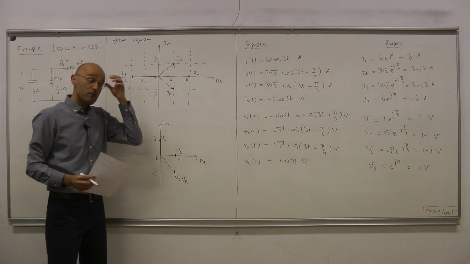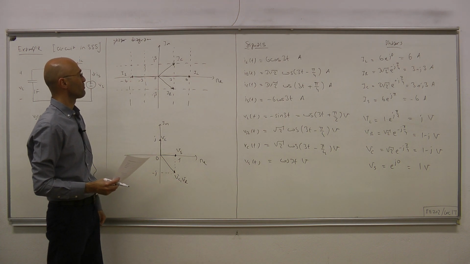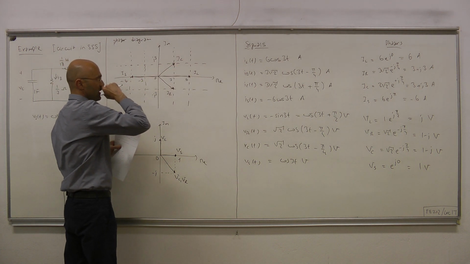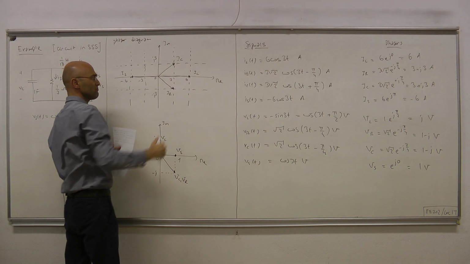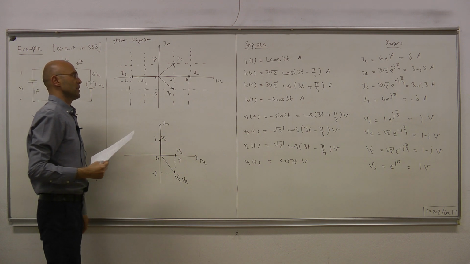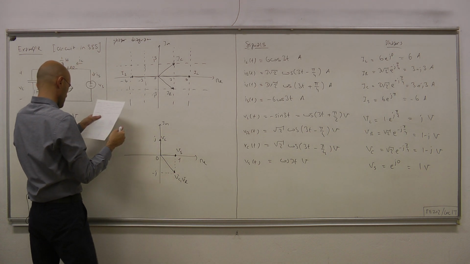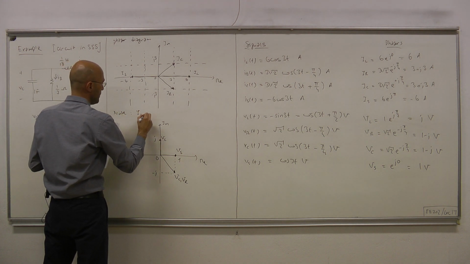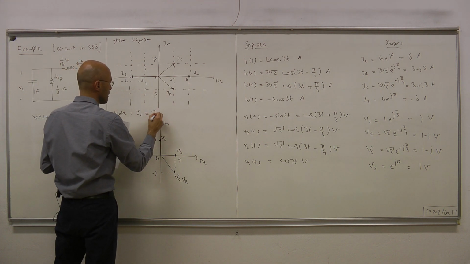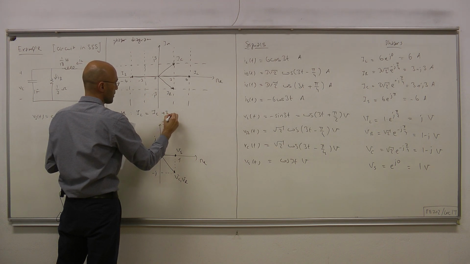Now, if you look at these vectors, we know that the sum of IC and IR, these two vectors, gives us IL. So note that IL, the phasor, equals IC plus IR.